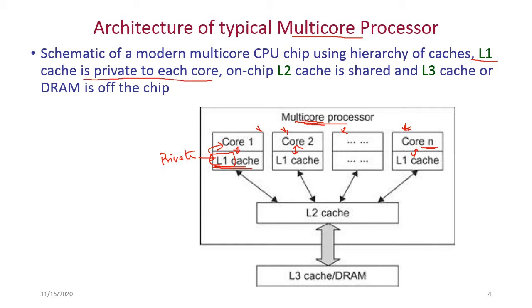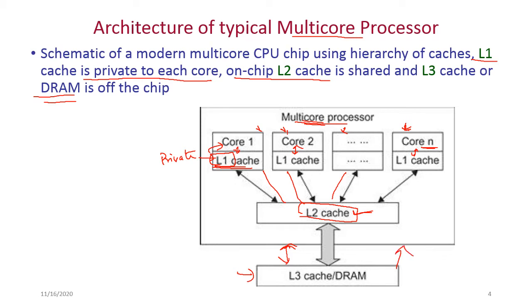And this is the on chip cache, the L2 cache, that is the level 2 cache, which is shared by all the cores. Then the level 3 cache, which is otherwise called DRAM, is outside this multicore processor and is common for the entire processor.